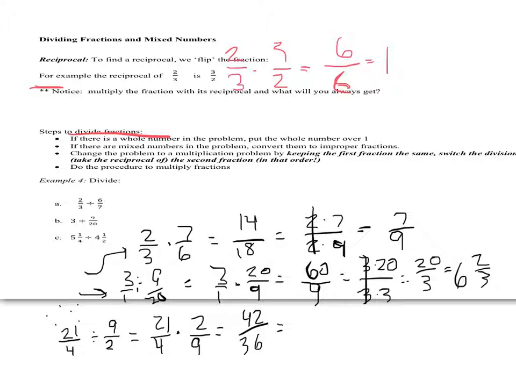They actually both have a factor of 6 in them. 6 times 7 is 42. 6 times 6 is 36. Canceling out that common factor gives us 7/6, that's our improper fraction answer. We should also write that as a mixed number, because the problem was given with mixed numbers. So we can write this as 1 1/6.